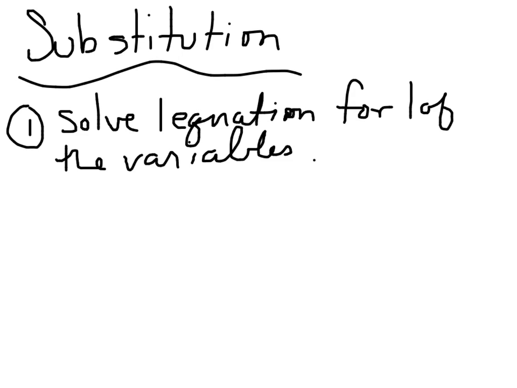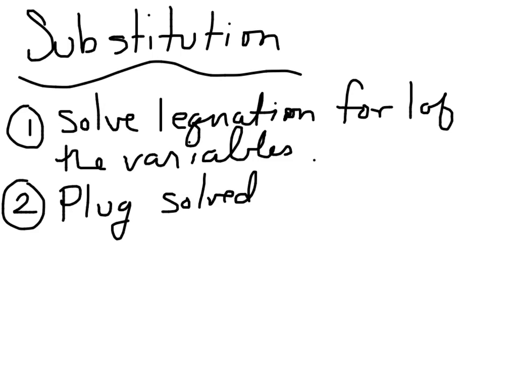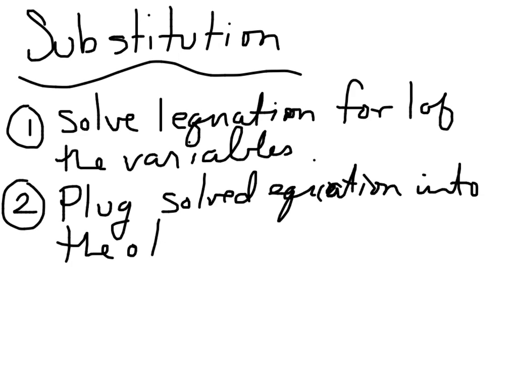I don't care which one you solve for. When you're using substitution, it does not matter which one you solve for. Now what you're going to do once you solve it is you're going to plug the solved equation into the other equation for that letter.